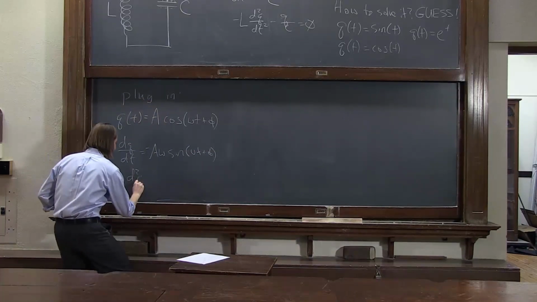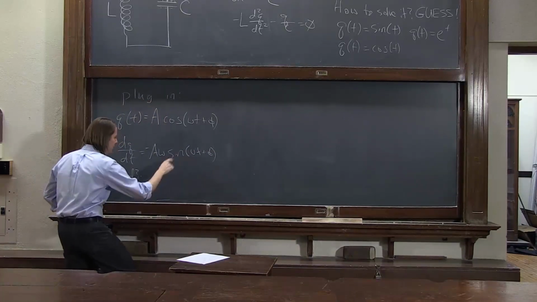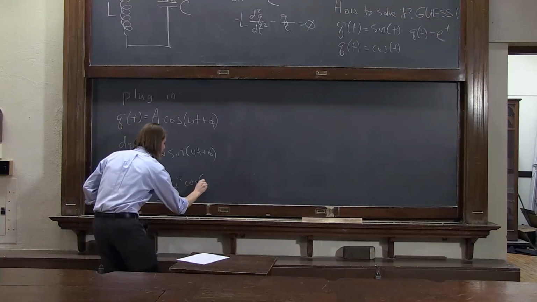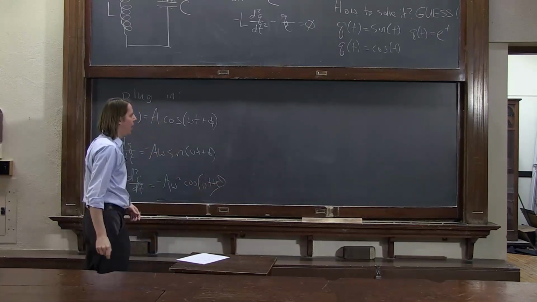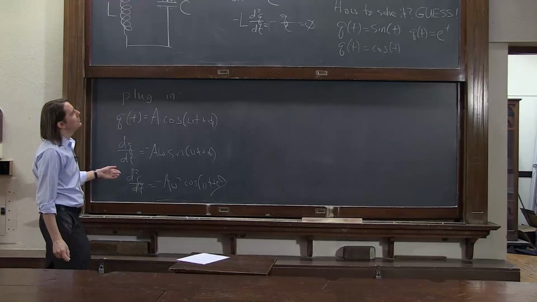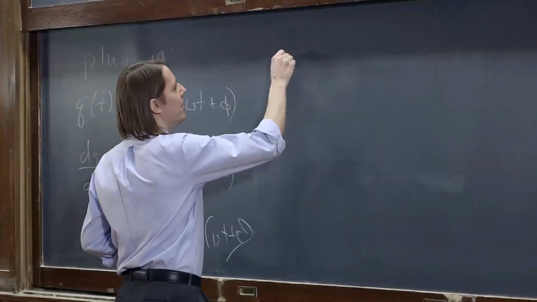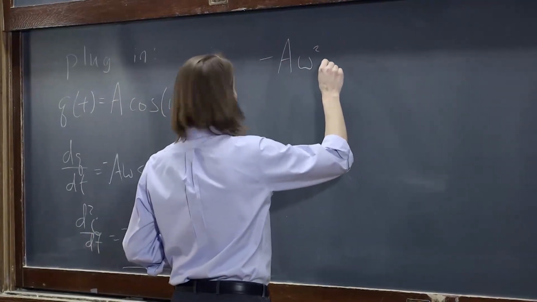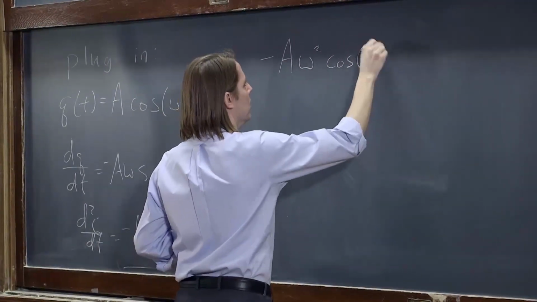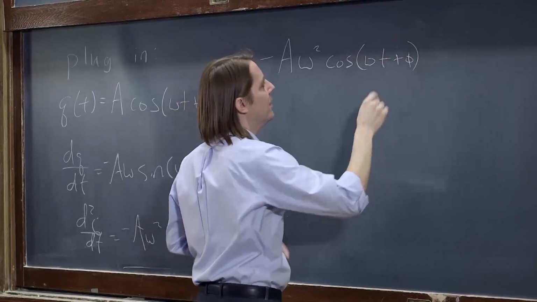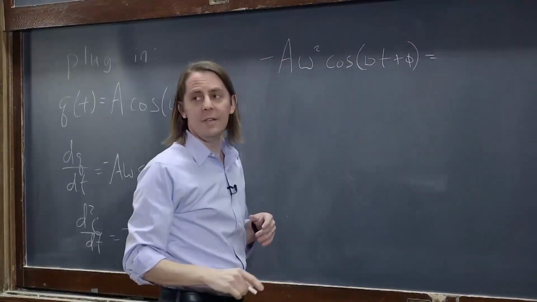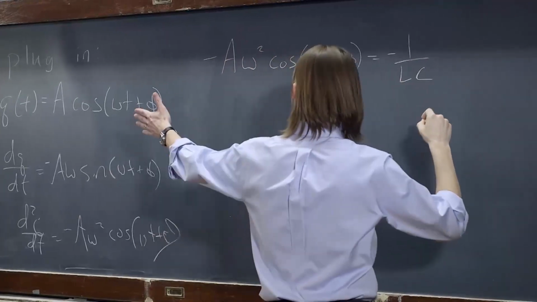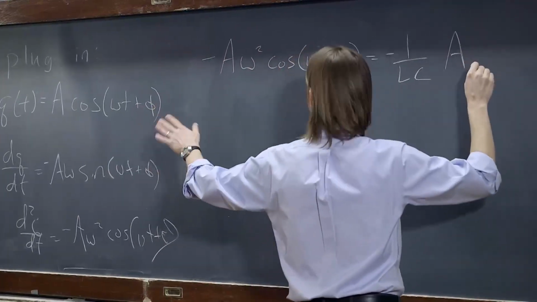And the second derivative, the derivative of sine is cosine, another omega comes out: minus A omega squared cosine(omega t plus phi). Now plug it in. Let's see. d2q/dt2 is minus A omega squared cosine(omega t plus phi). So that's d2q/dt2 equals minus 1 over LC, and then the function A cosine(omega t plus phi).